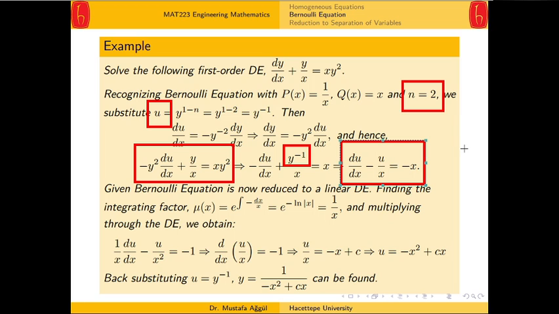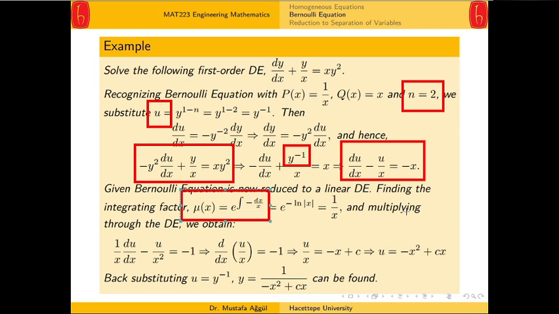This is a linear differential equation, and it's already in the standard form. Our p(x), not the previous p(x), this is the new p(x) for the linear differential equation, will be -1 over x. If we find an integrating factor, mu(x) will be e to the integral of -dx over x, which is e to the negative ln x, and this is basically 1 over x.